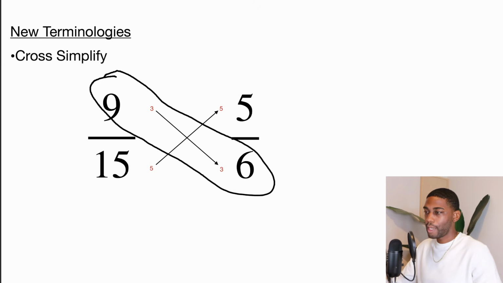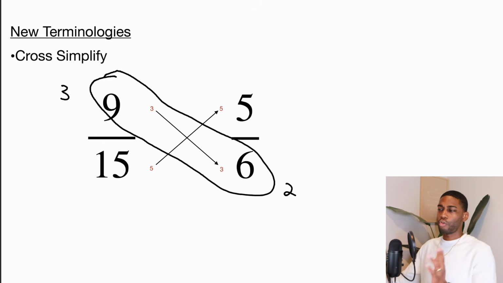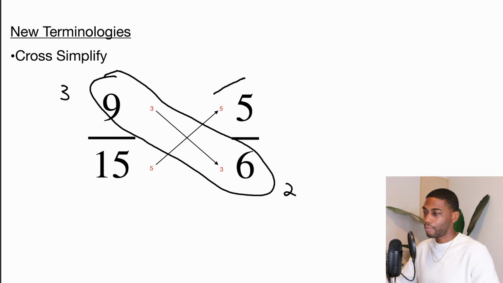So 9 divided by 3 is 3, and 6 divided by 3 is 2. So we just cross-simplified half of our fraction. Now let's cross-simplify the other half. We're going to look at this 15 here and this 5 over here.